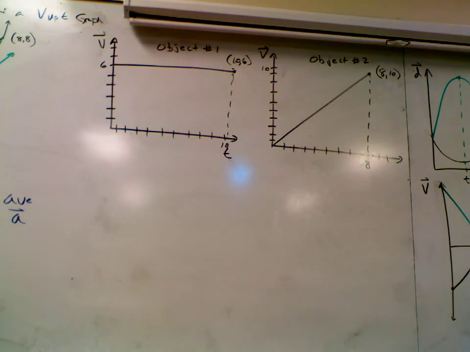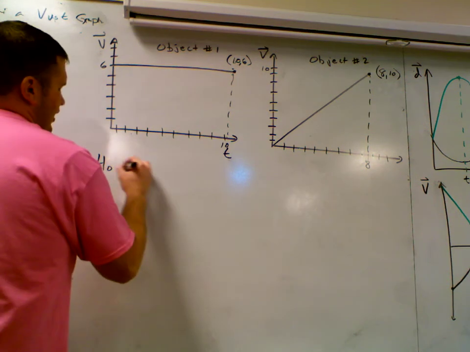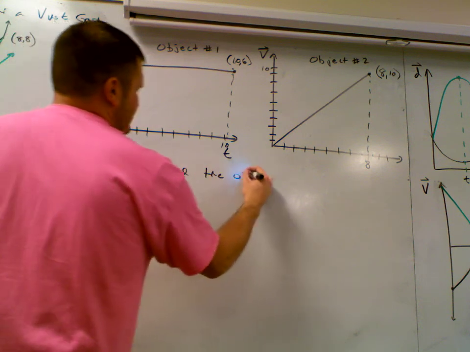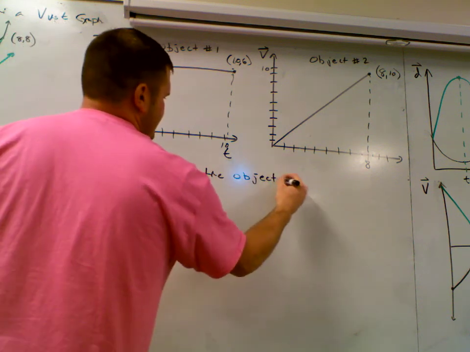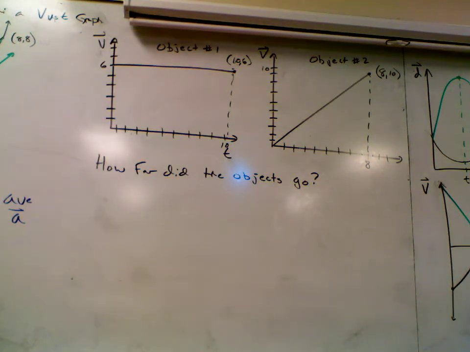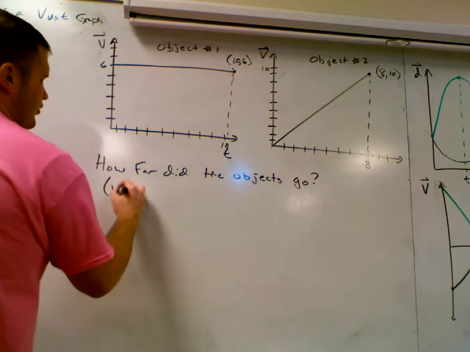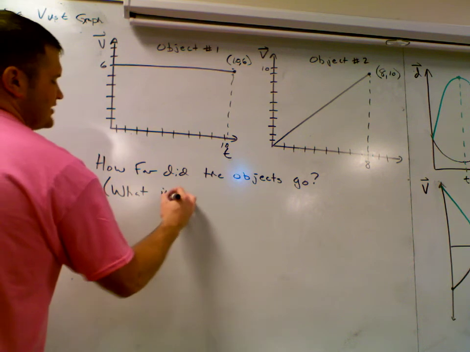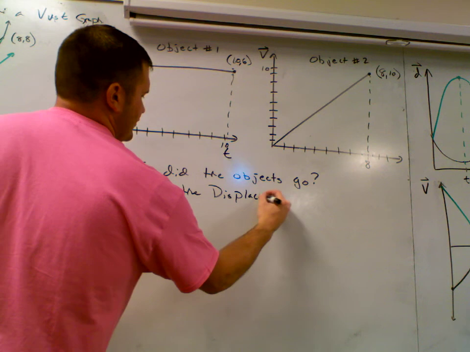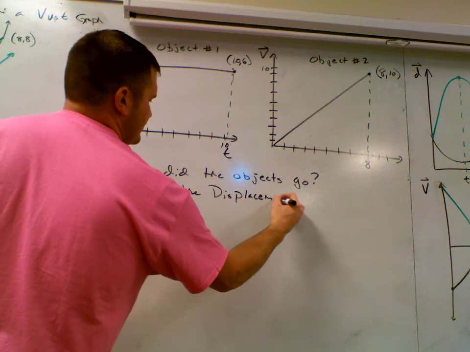So object 1, object 2. Here's my question. How far did the objects go? Basically, I'm asking, what is the displacement?